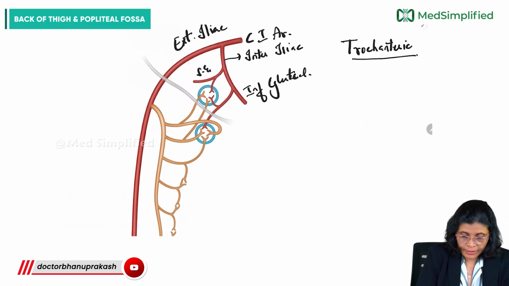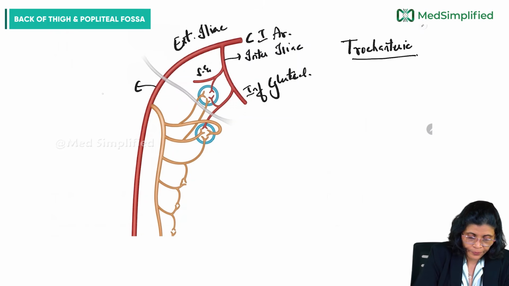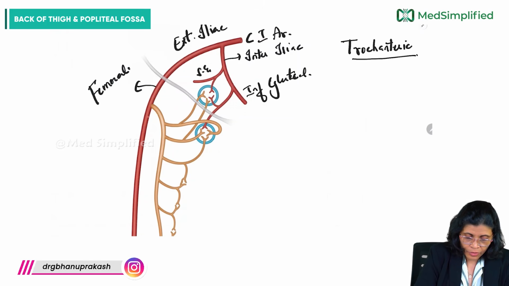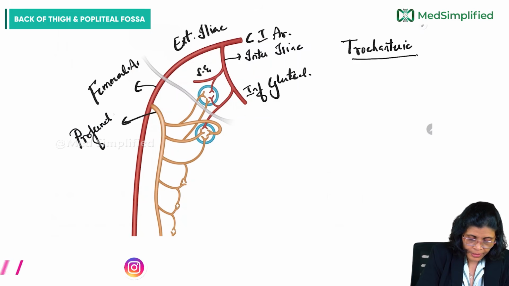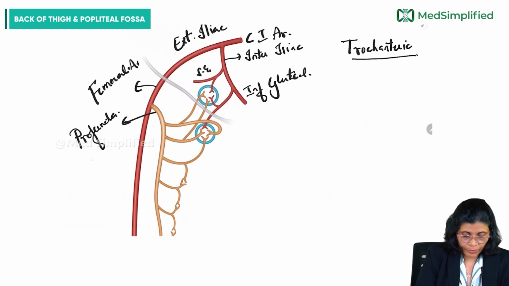And here this is the femoral artery. Femoral artery will give one of its largest branches, the profunda femoris. It is the largest branch of the femoral artery, profunda femoris.